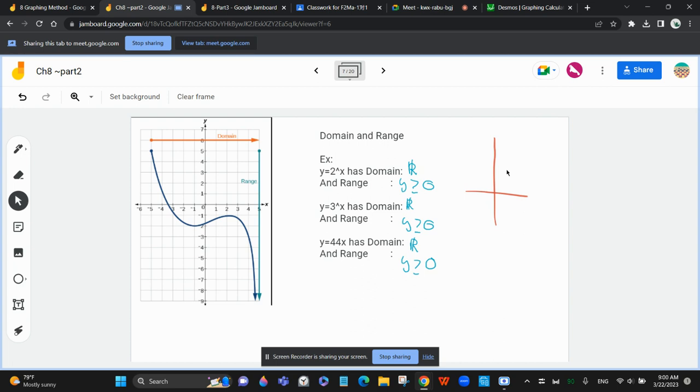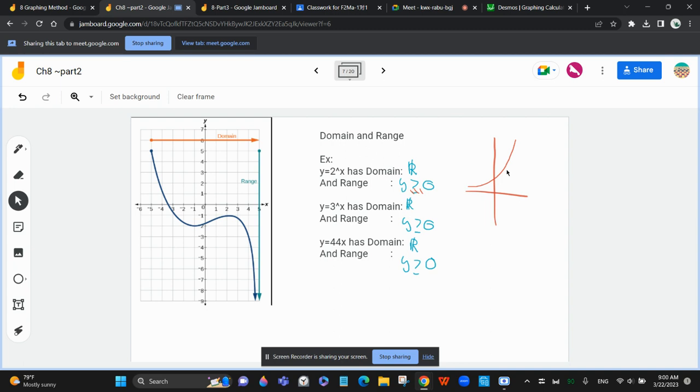It has domain R and the range larger than 0. The range is not equal to 0 because it is always positive, right? You will not get 0.